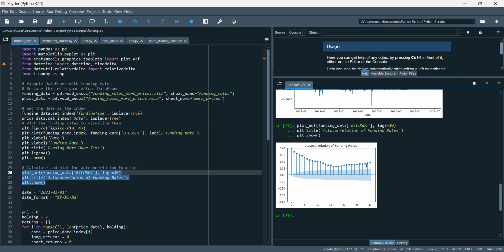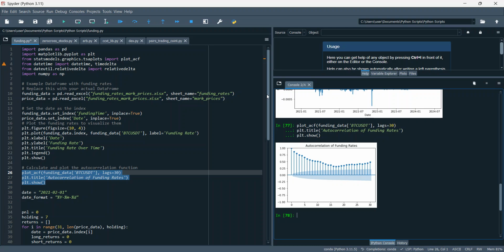This is what it means. And you see all autocorrelations within 30 days are positive, which means that funding rates are sticky.